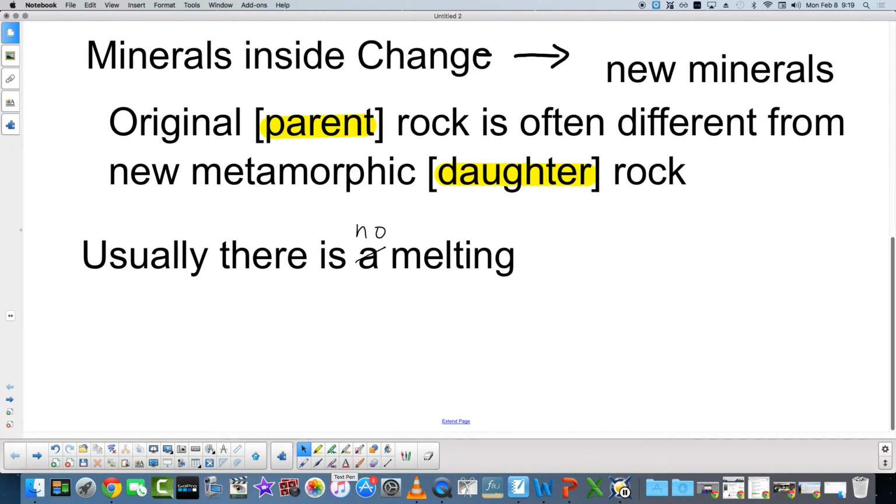As a side note, if we end up with melting, then we start to form molten rock or magma, and we're looking at forming new igneous rock instead. It's not to say that heat and pressure can't result in melting. It's saying that if the heat and pressure causes so much change to the metamorphic rock that they end up melting, then it's not actually metamorphic rock anymore.